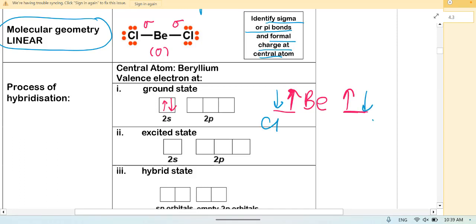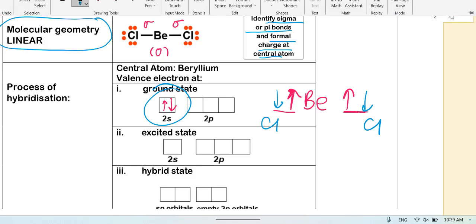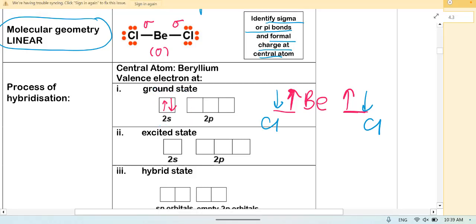But the valence electrons in beryllium are like this. So beryllium will use hybrid orbitals. In other words, the central atom will use hybrid orbitals.